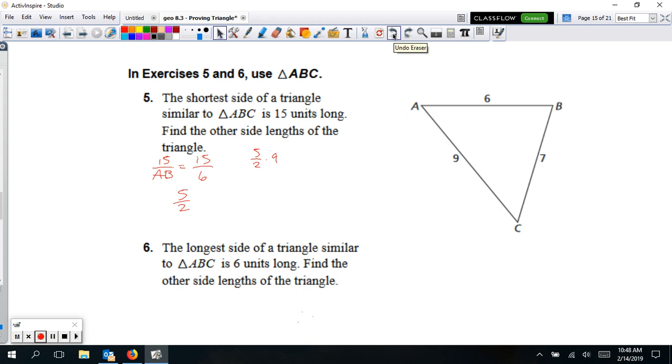So 45 over 2 could be the other side length, or you can make that a decimal if you want to. And then the last one would be from 7, so we're going to multiply 5 over 2, our scale factor, times 7 to get the last side length. That's going to be 35 over 2 for our last one. And so that would be the other two side lengths.